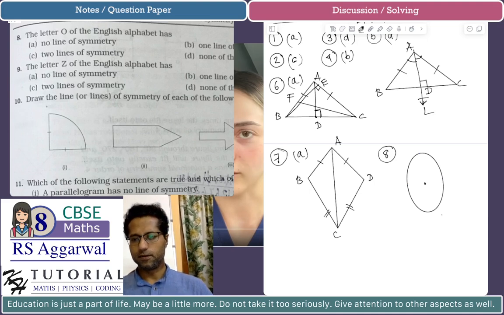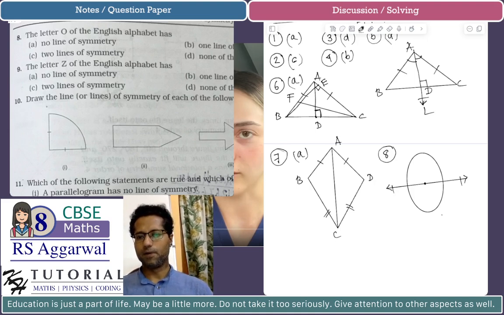If this is the center, this will be one line of symmetry, and the other line of symmetry will be a line perpendicular to this line.